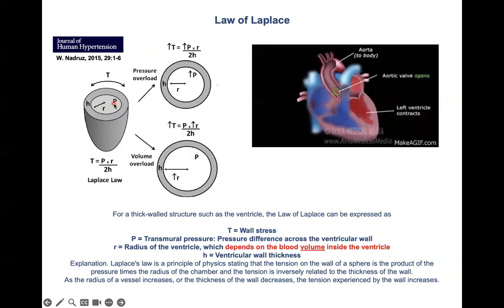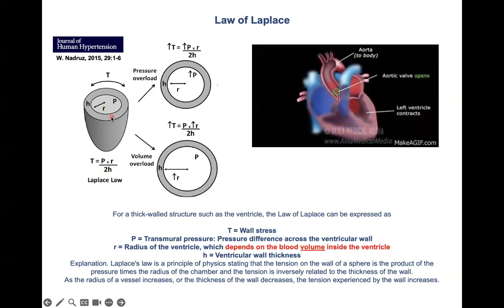This is so-called transmural pressure. T, the wall stress, is equal to the pressure times the radius of the ventricle. And the radius itself is determined, among others, by the volume inside the ventricle.